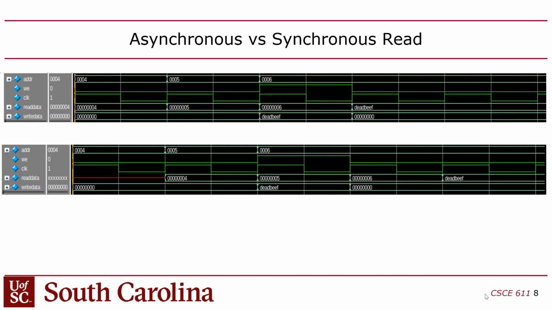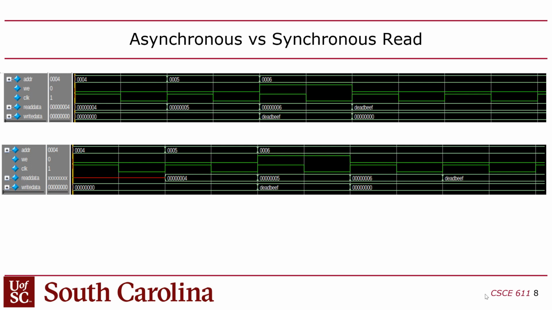So to answer your question a little better, if I had changed the address a bunch of times up here outside of the clock, then you'd see a corresponding change on the data coming out, right? Now, the problem is you don't generally see that because all the data paths are operating on the clock, right?